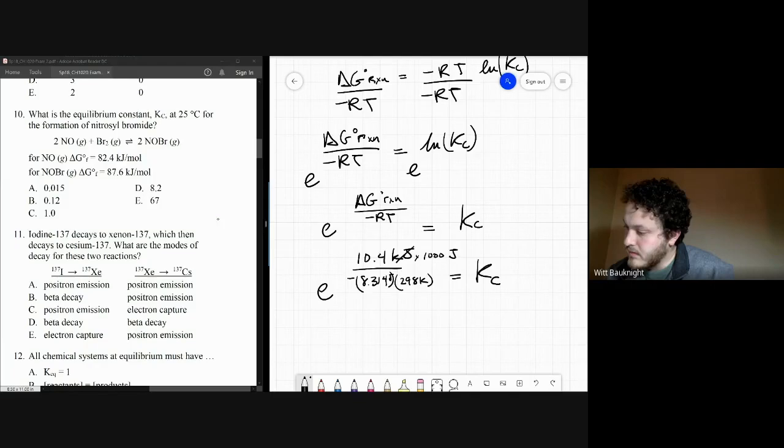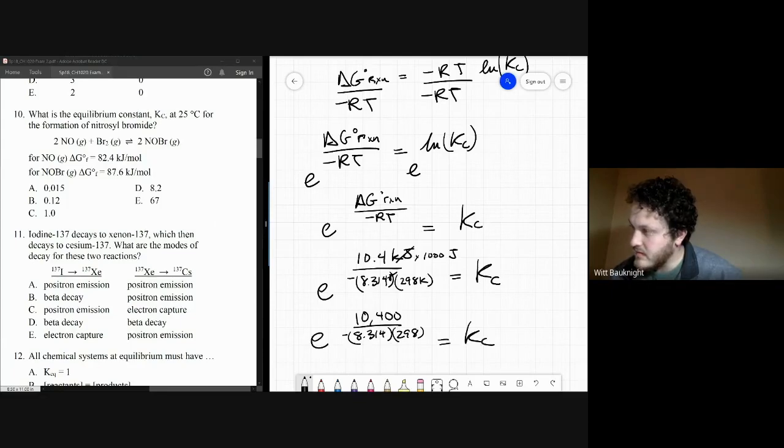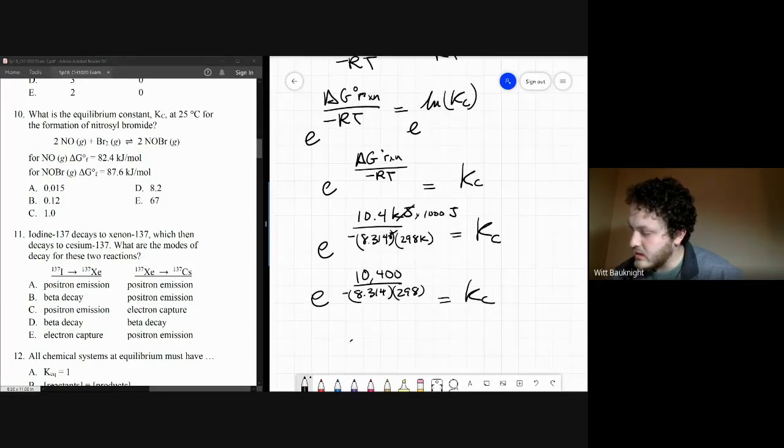So we got e raised to the 10,400 divided by 8.314 times 298 equals Kc. So Kc equals 0.015. And that is why the answer is going to be A.